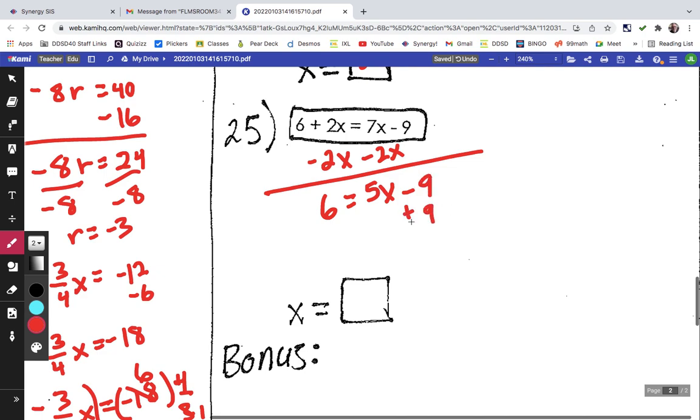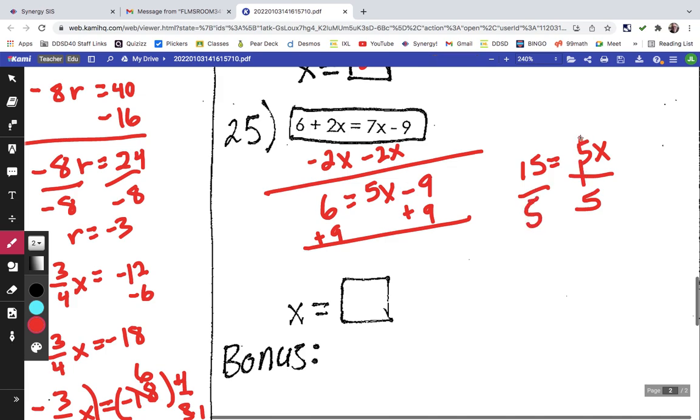Now I'm going to add 9 to both sides. I'm going to rewrite it over here. 15 is equal to 5x. So I'll divide by 5 to create that 1 right there. 5 divided by 5, that's 1. And we don't have to write the 1 when we have a variable. It's just x is equal to 3.